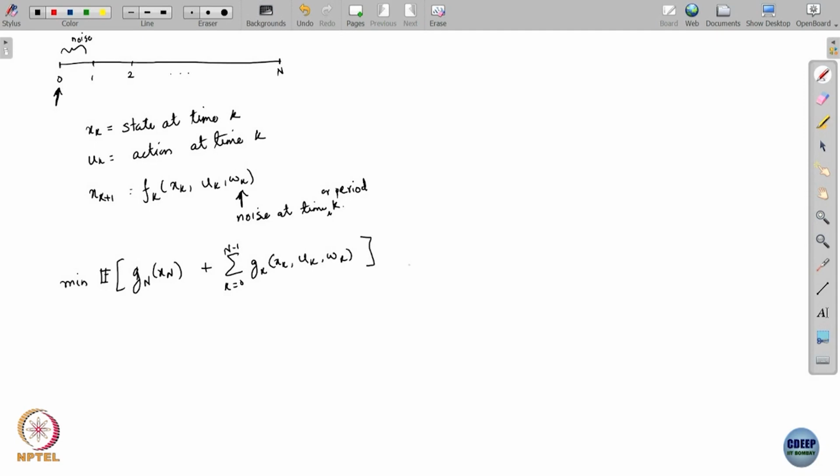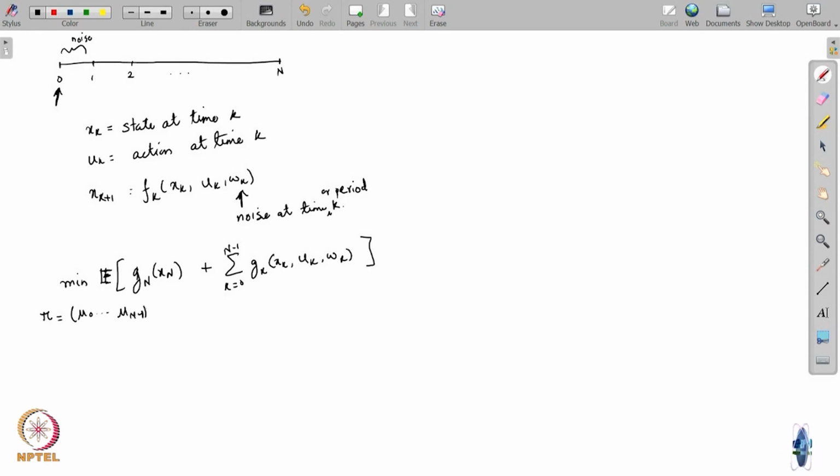Now, this minimization was to be achieved by choosing actions at each time step, but because the plan had to be made before the realization of uncertainty, our way of posing the problem was that of minimizing this over all policies. Policy is denoted by mu 0 to mu n minus 1.